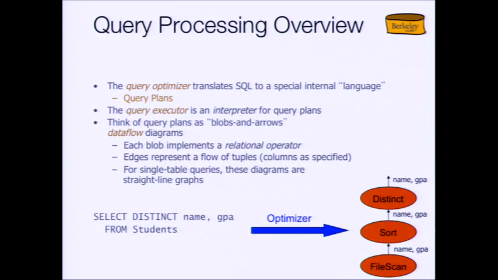So the tuples were coming in from a file scan. But if this thing wasn't a file scan, if this thing was like a gigantic query over 17 tables, that would be fine too. Sort doesn't care. It just knows it's getting a stream of name GPA pairs. Right? So nice encapsulation amongst our iterators. We don't need to know much from one iterator to the next. There's one exception that's on this slide. There's a thing we need to know. Does anybody catch me? I'm lying a little bit.